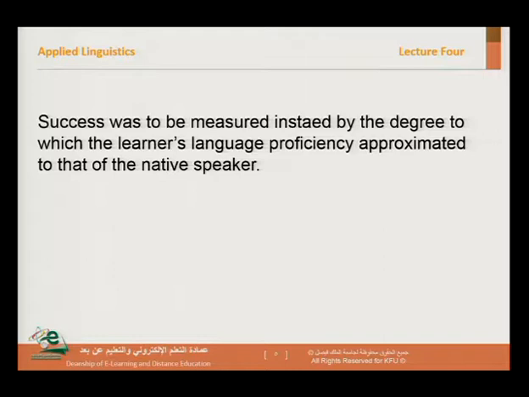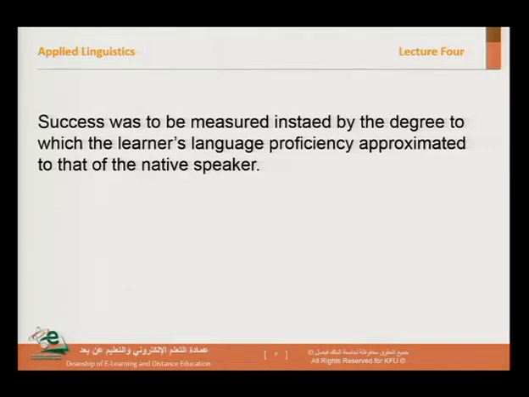Success was not measured by the amount of vocabulary that you know in English, or the number of rules that you can apply correctly in English. No. Success was based upon proficiency which approximated that of the native speaker, which was acceptable at the time.